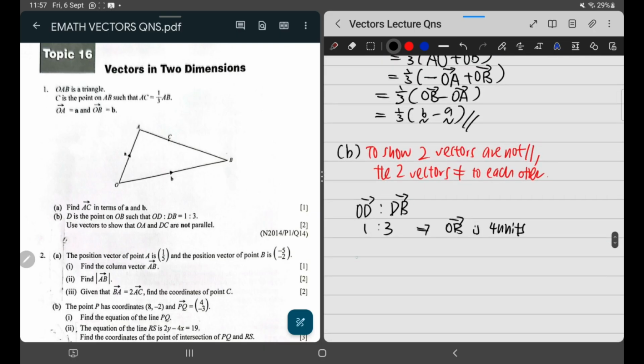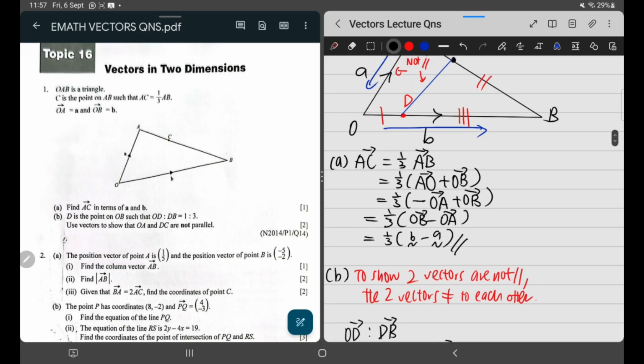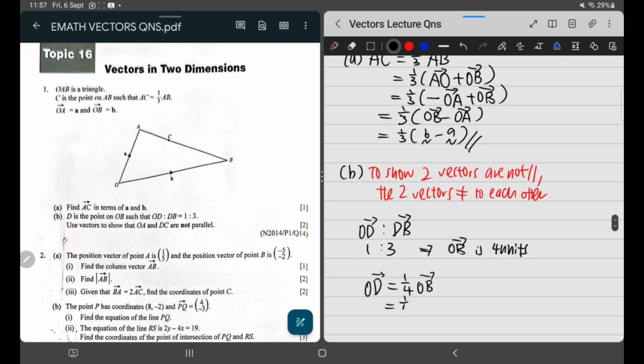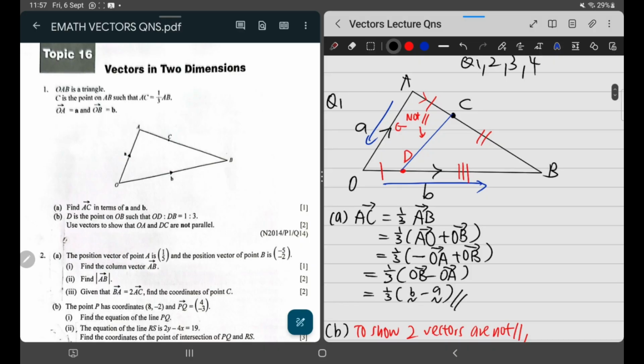So therefore OD is 1/4 of OB, as you can see. OD is 1/4 of OB, and if you want to walk from O to B, you can just take O to A plus A to B, right?